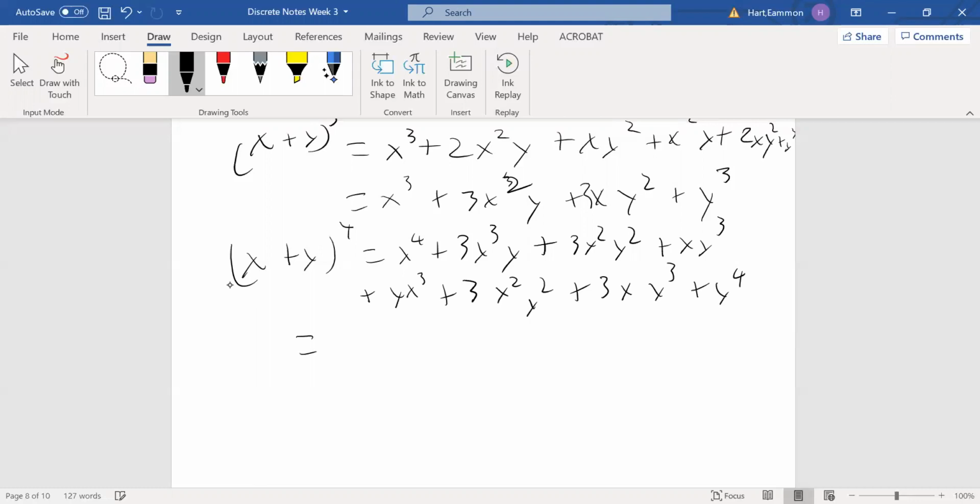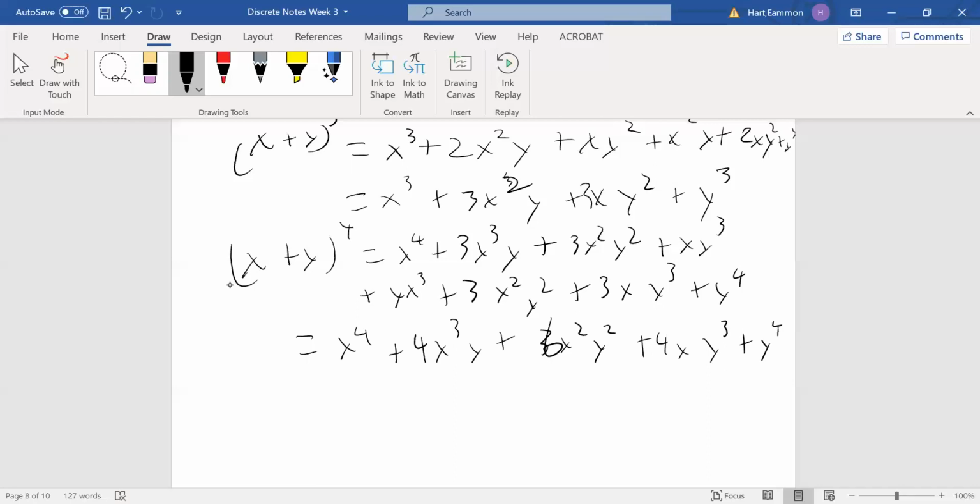That is going to be equal to x to the fourth, and then we have 4x cubed y plus 6x squared y squared plus 4xy cubed plus y to the fourth.